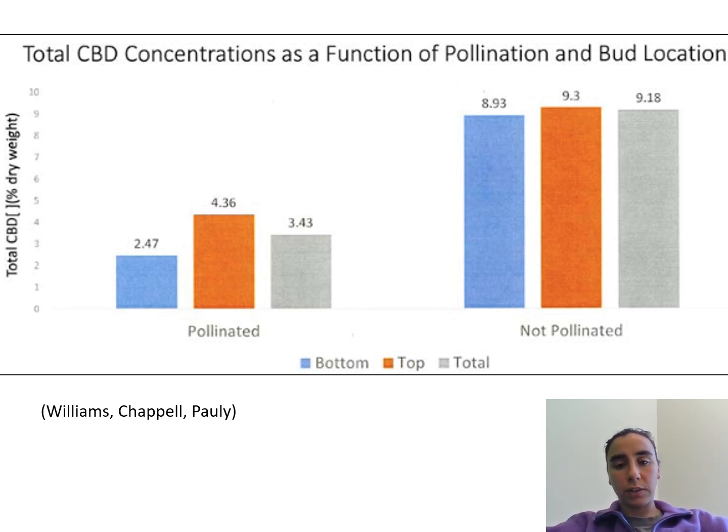What is important to notice is that on the left-hand side, the pollinated flowers have significantly less CBD than on the right-hand side, where they have not been pollinated. This shows that with pollination, the CBD content of that female flower goes down, and thus when we're producing hemp for CBD, we want to make sure that pollination is not occurring and reducing our CBD content.